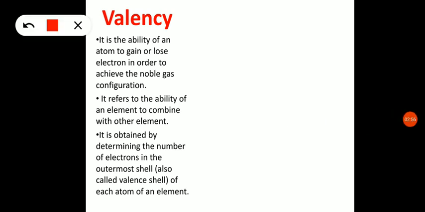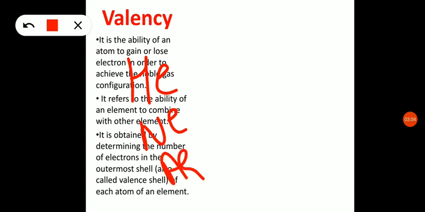Helium is a noble gas. Neon is a noble gas. Argon is a noble gas. So valency means any atom loses or gains electrons to achieve the nearest noble gas configuration.